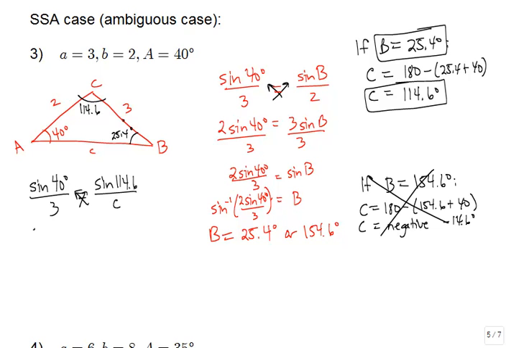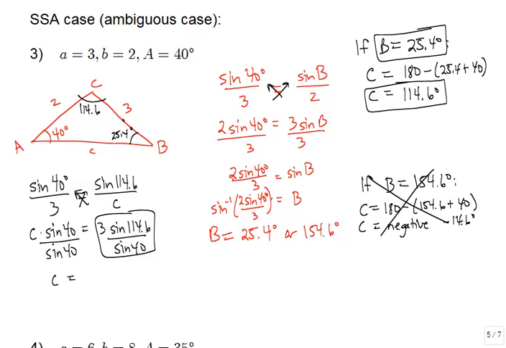So C times sine of 40 equals 3 sine of 114.6, and I just divide both sides by sine of 40. And when you punch all of this into your calculator, what you end up with is that C is approximately 4.24.